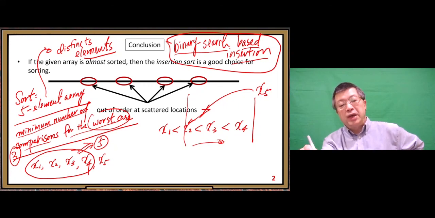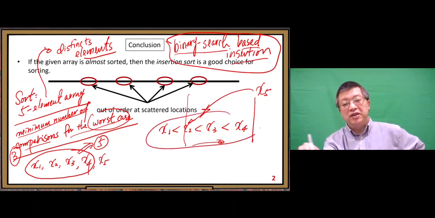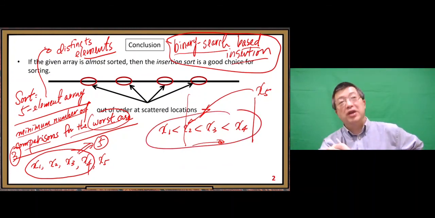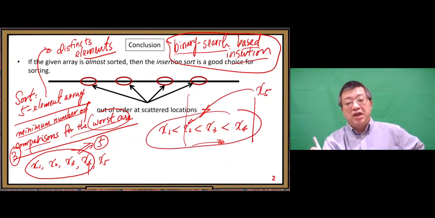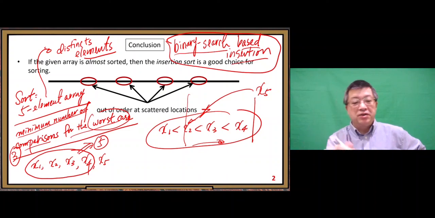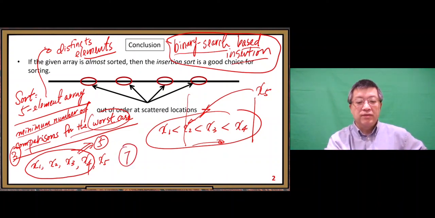Because here it is a little different, that's why it's challenging. If you use 3 plus 5, that's 8, which is not the best solution. The best solution needs 2 more, so 7 comparisons to solve 5 elements.